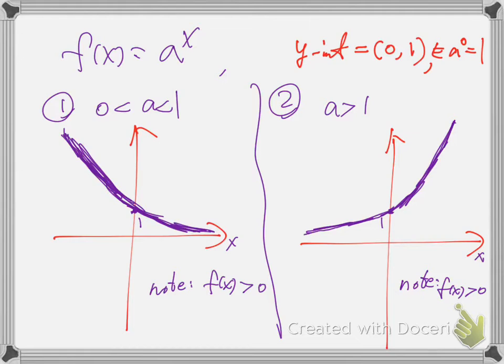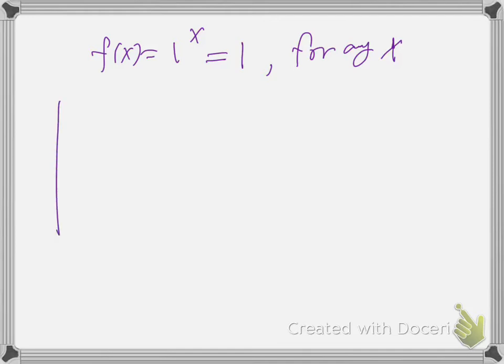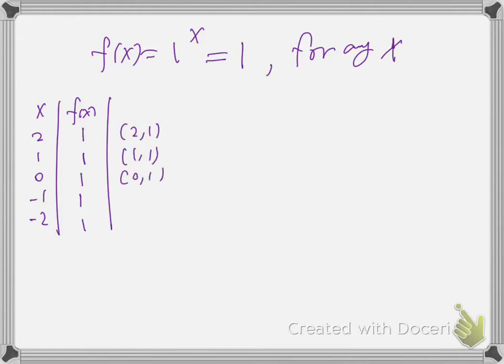So now when a is 1, what will we get? If f of x is 1 to the x power, this will be 1 for any x. So for any x, the output is 1. If you draw the points, take x as the input: 2, 1, 0, negative 1, negative 2. What's f of x? It's always 1. So our points are (2, 1), (1, 1), (0, 1), (-1, 1), (-2, 1).